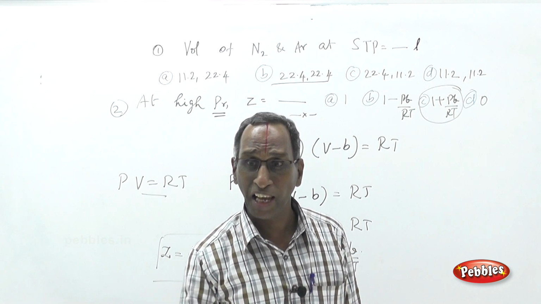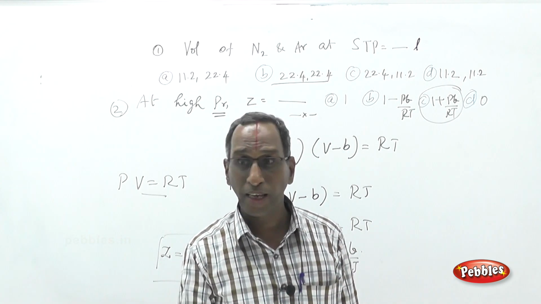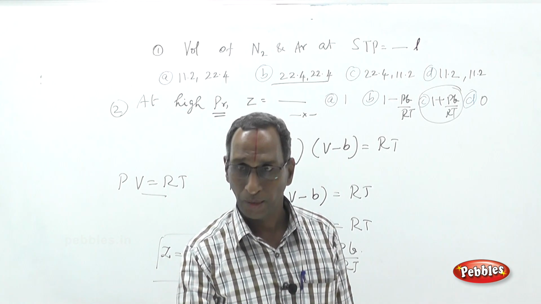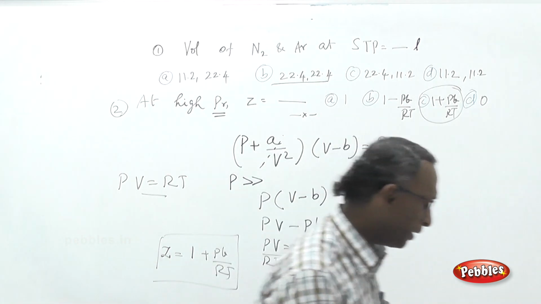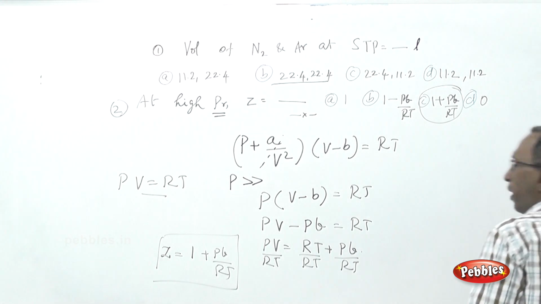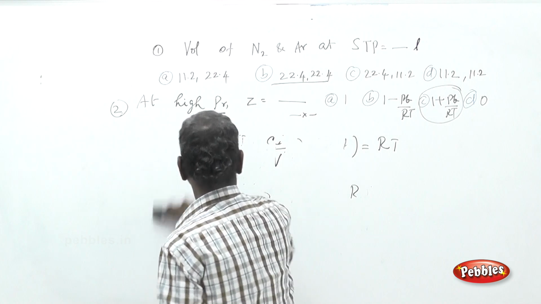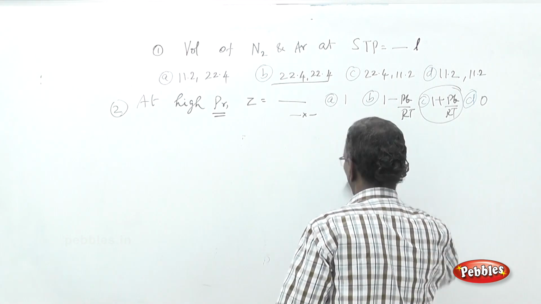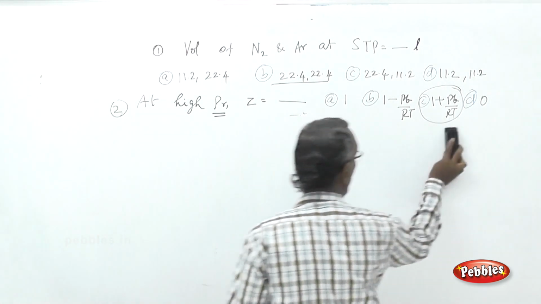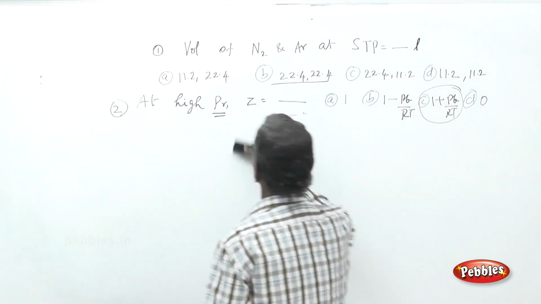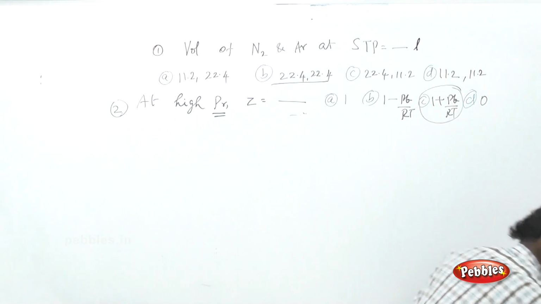But Van der Waals constants a and b are not the same for all gases. They vary from gas to gas, because some gases behave ideally and some do not. Accordingly, Van der Waals constants differ from gas to gas, but not the universal gas constant. These points are to be noted. So this finishes the treatment of this question.